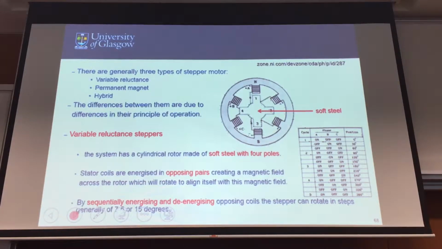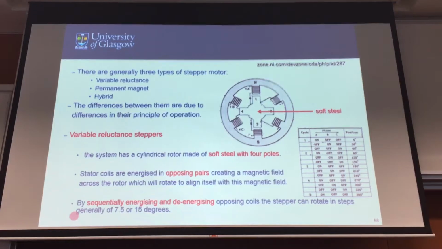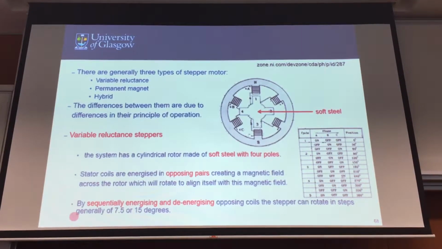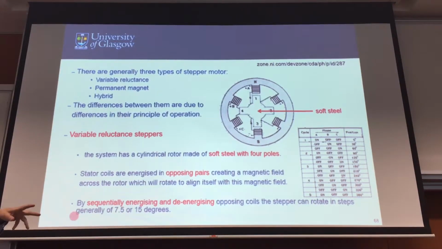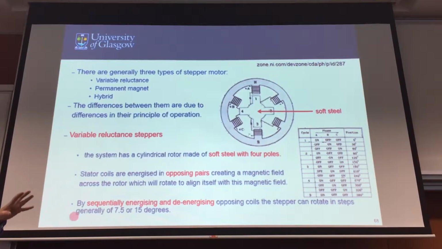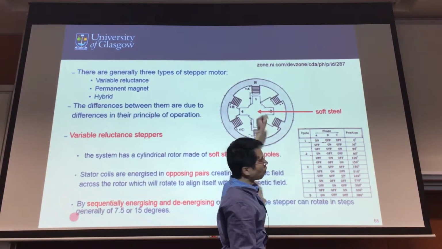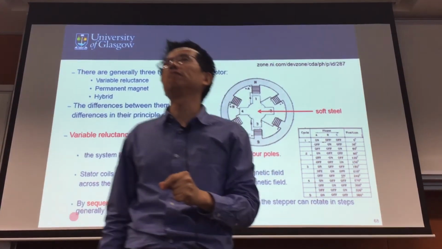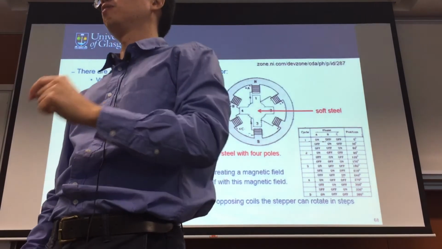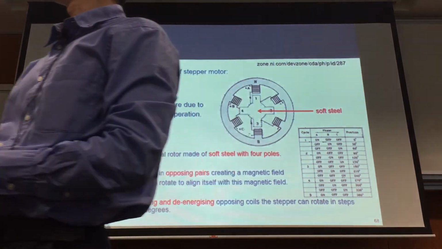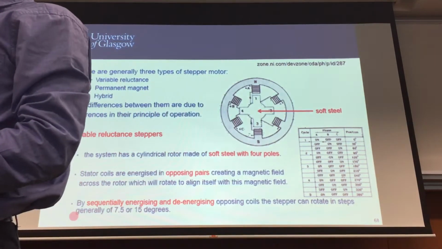For the variable reluctance stepper motor, the difference is just like in your earlier lecture when we talked about the variable reluctance sensor. You'll find that in that core over here, instead of using a magnet for the variable reluctance stepper motor, you will use soft iron.